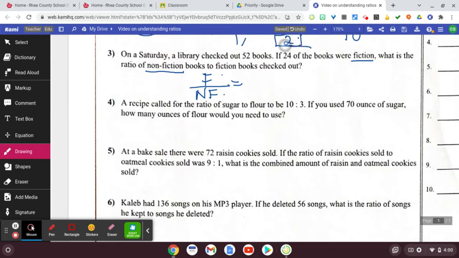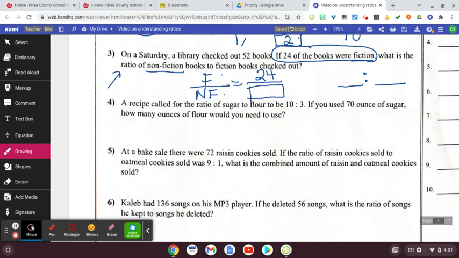So it does tell us 24 of the books were fiction. In this problem, it doesn't give me the ratio. It actually wants me to find out the ratio. So I'm going to have to find that out at the very end, and I'm going to have to put that over here. If it tells me 24 of the books were fiction, so 24 is going to have to go up on top since it's associated to fiction. But I don't know how many nonfiction there are.